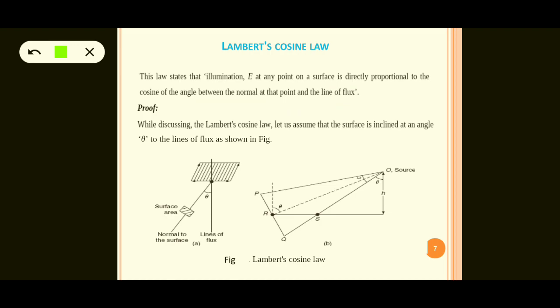Here see PQ, normal to the surface and inclined theta to the vertical axis.